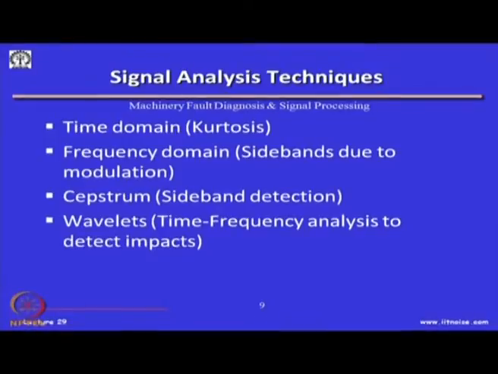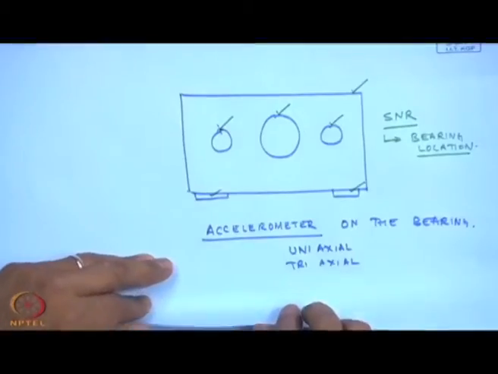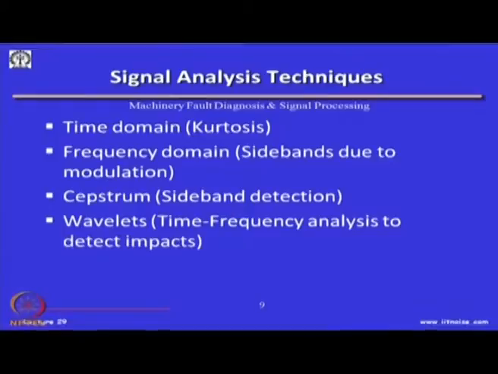Now, once this vibration from the gearbox has been captured, we can do what is known as the signal analysis, and signal analysis can be done in many types. Of course, the very basic signal analysis one does is the time domain.